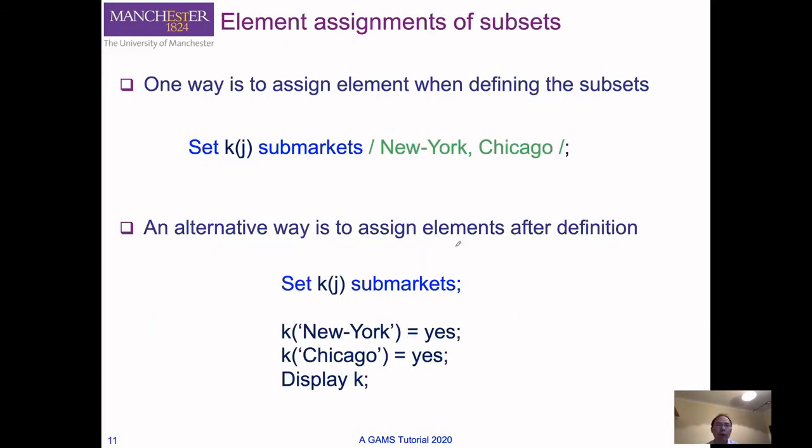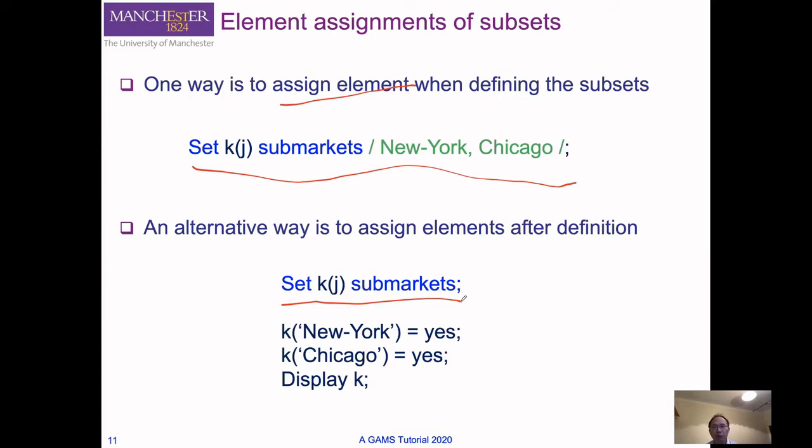There are two ways to assign elements when we define a subset. First, we can assign elements to a subset when we declare this subset. Also, we can first declare this subset using the set statement.